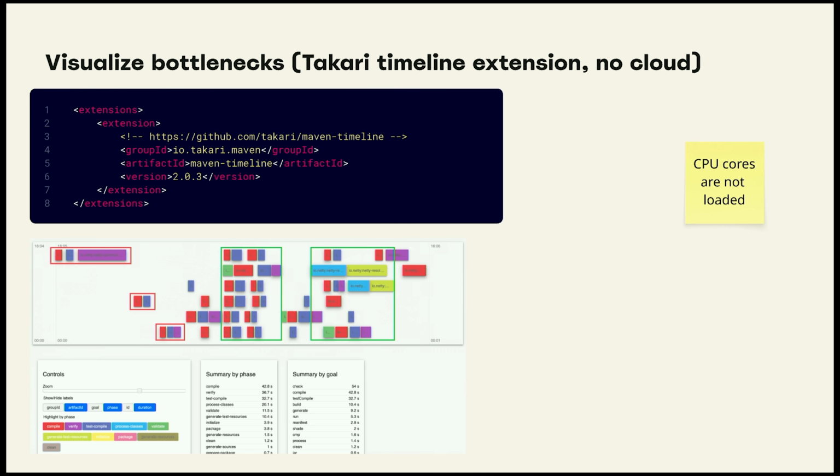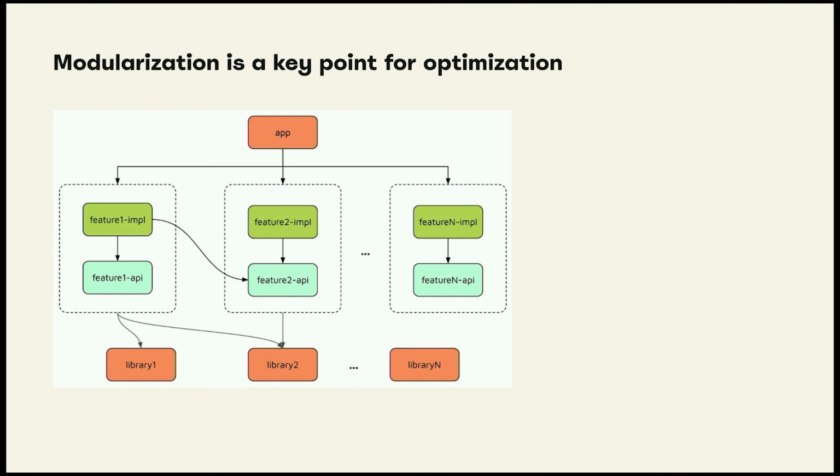It doesn't have any other build scan information, but it can also represent how tasks are distributed between workers during your build. So long story short, the modularization of your multi-module application is a crucial factor which actually defines how well your build is parallelized.